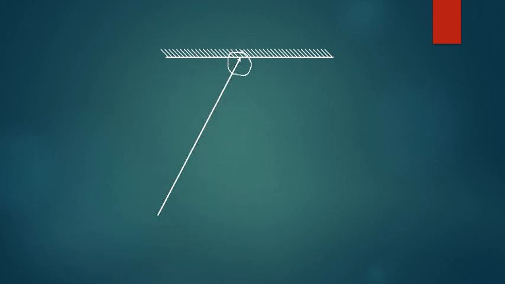Well, when you draw the first light ray on the mirror, what is that light ray called? That is called the incident ray. So we have completed the drawing of the incident ray.